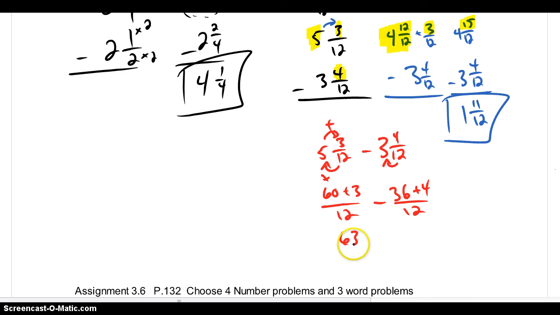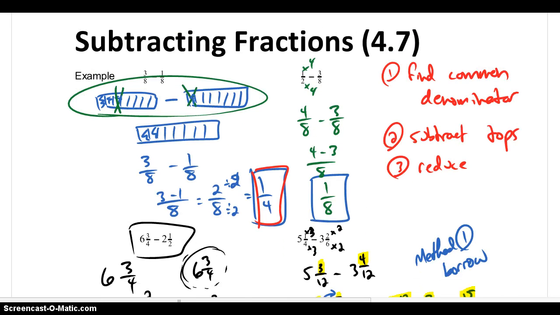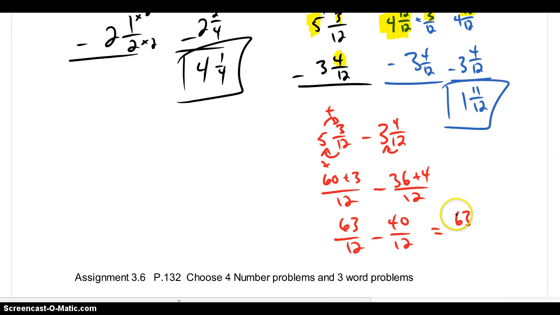We've got 63/12, take away 40/12. Now we can run our steps, right? Step 1, we found a common denominator. Step 2, subtract the tops. Step 3, reduce. 63 minus 40 equals 23/12.